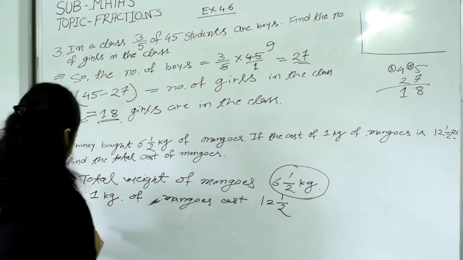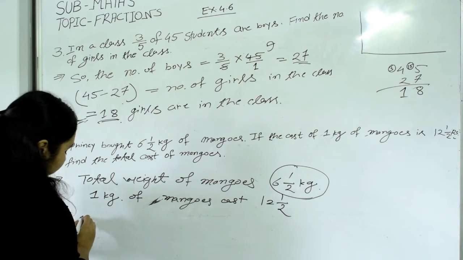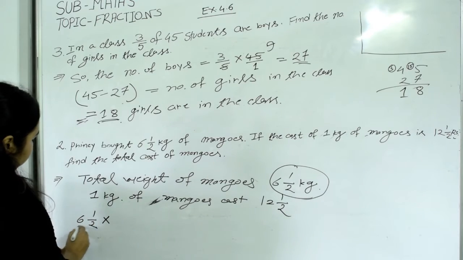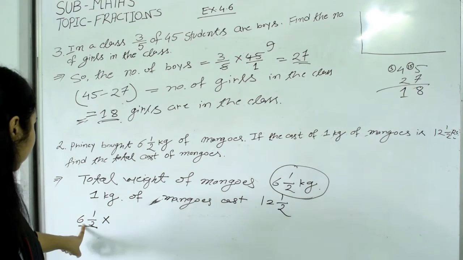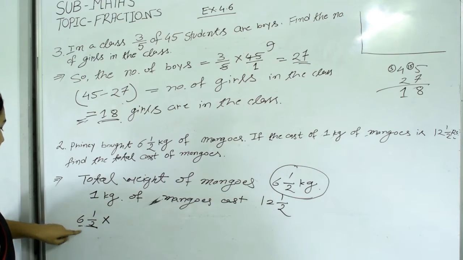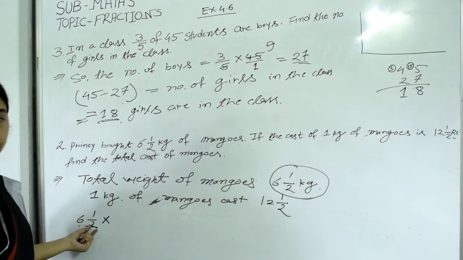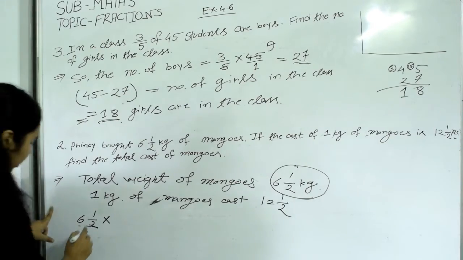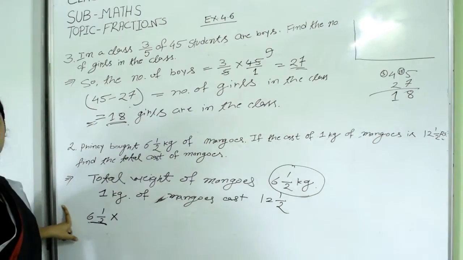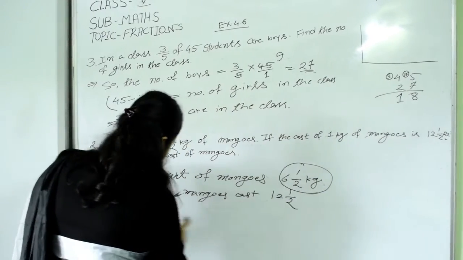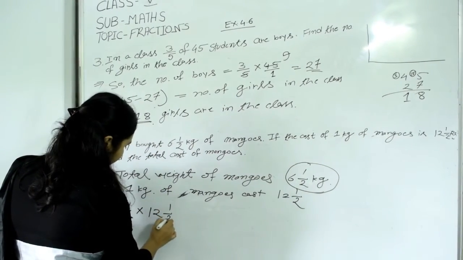Okay? Which means multiply. This is a mixed fraction, right? Because this is a combination of a whole number and a proper fraction, which means this is a mixed fraction. So multiply 6 and 1 by 2 with 12 and 1 by 2.